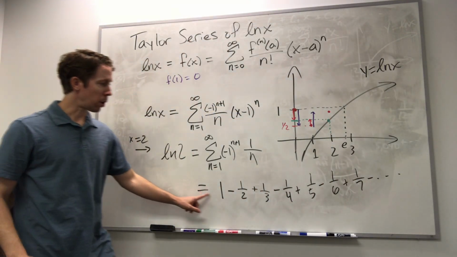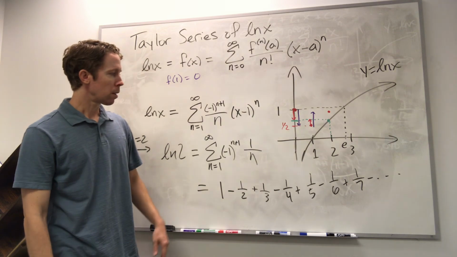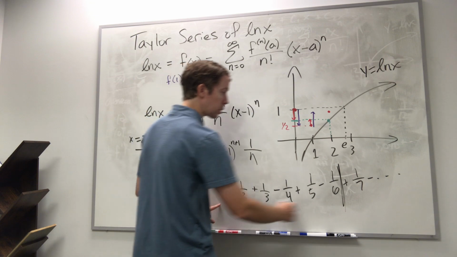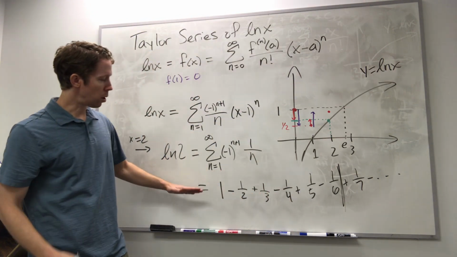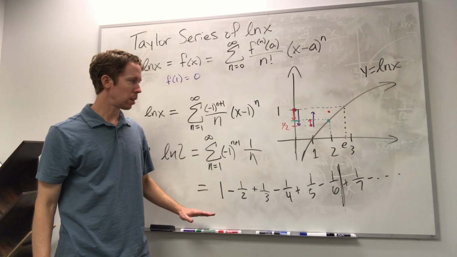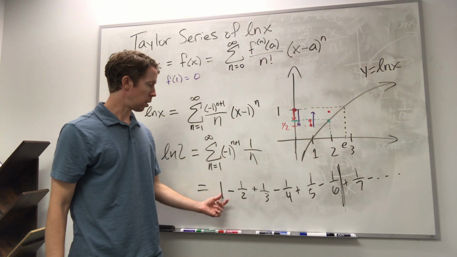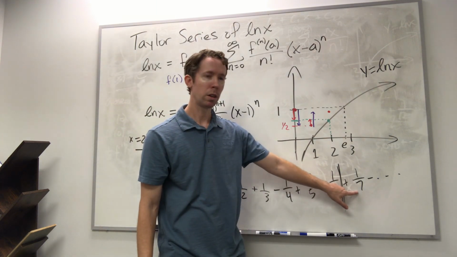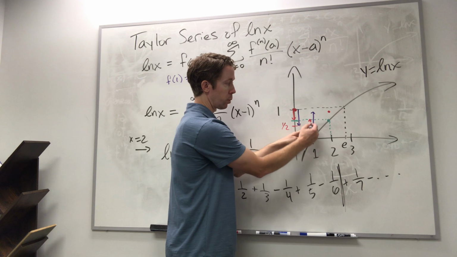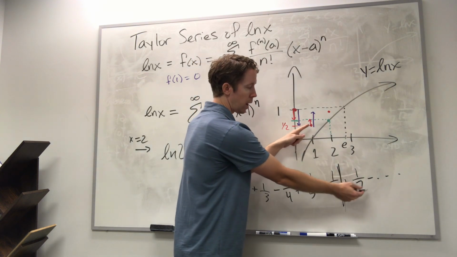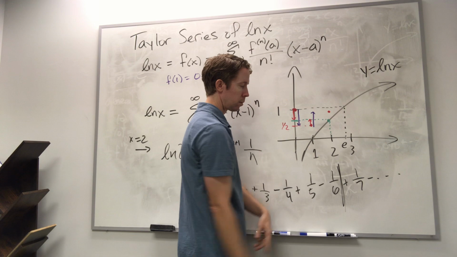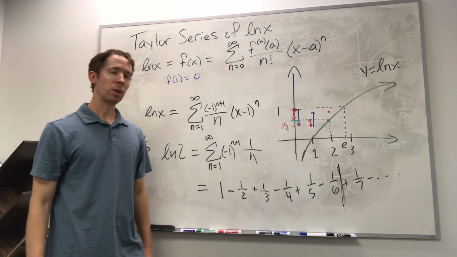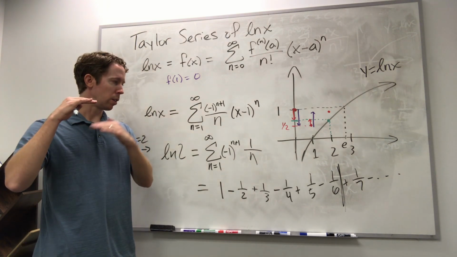And what I know about the approximations that I'm getting from this, if I cut this thing off, for example, here, and just add these terms together, then whatever decimal approximation I get from that, the error of that approximation has to be smaller than this 1/7, because the error is like this red distance, and then the next value is my purple jump. So if I have an alternating series, it's really easy for me to get an upper bound on the error.